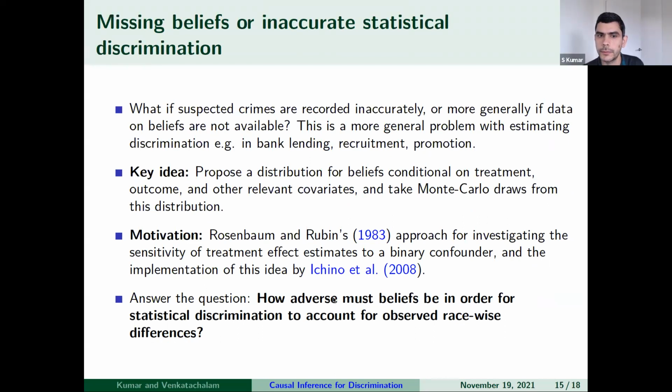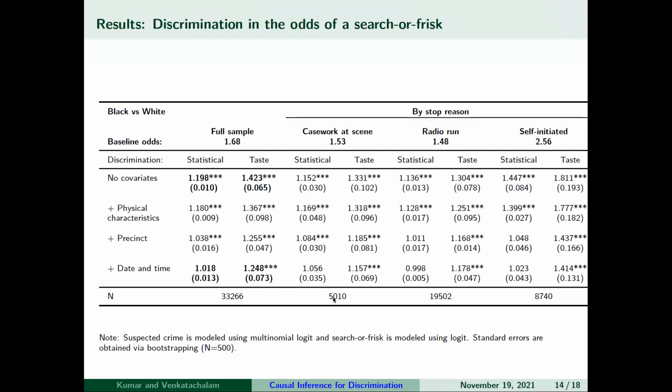Should I go on? Yes, go ahead. I think a topic question. So do you have information on subsequent post-stop or frisk outcomes? Do you have information on whether an arrest was made, whether the person was incarcerated?